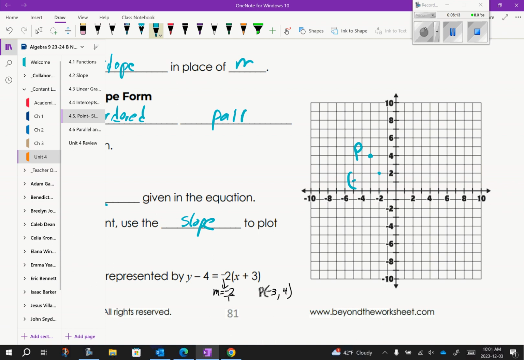So that'll put me at negative 2, 2. Or if I wanted to go up 2 spaces, then I would have to go 1 to the left. So that'll put me at negative 4, 6. Then we can draw our line, and there's the graph. We did not put it into slope-intercept form. We could figure out what the intercept is after we graph it.